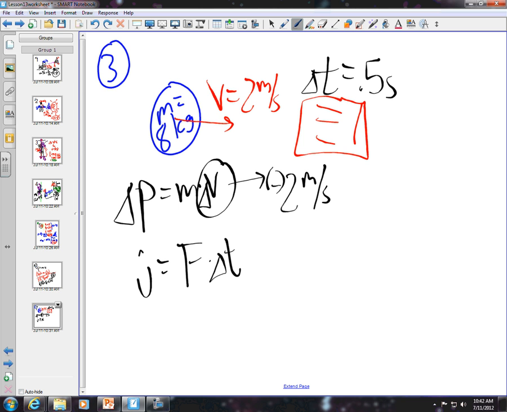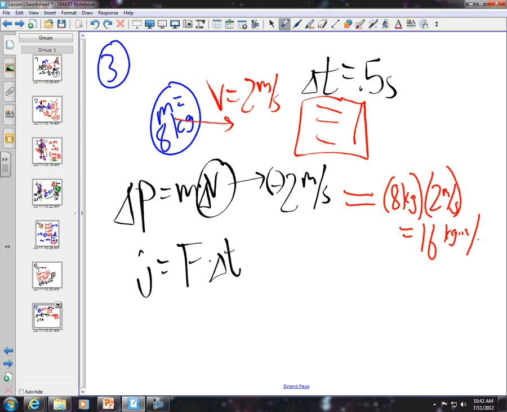I'll just put that in parentheses. You don't always have to carry it through. 2 meters per second. The mass we know. So the change in momentum is going to be the mass, 8, times the 2 meters per second, or it looks like 16 kilogram meters per second.